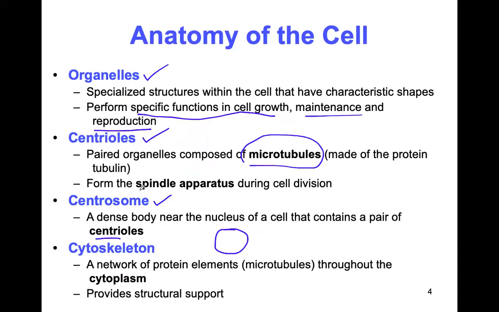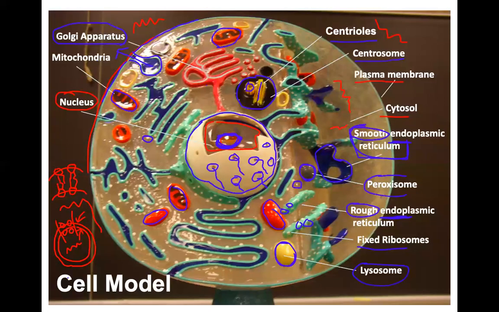Okay, if we go back and we look at that cell, the organelles, right here, we see that this part of the endoplasmic reticulum looks smooth, but this portion here looks rough because it has the fixated white speckles called ribosomes attached to it.